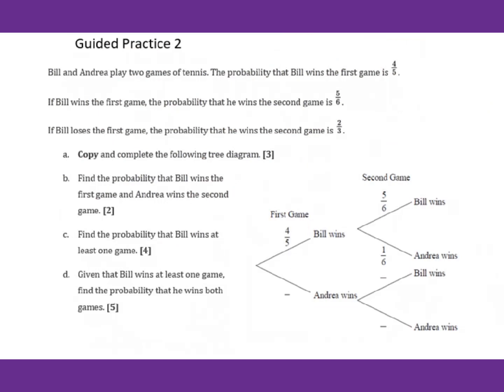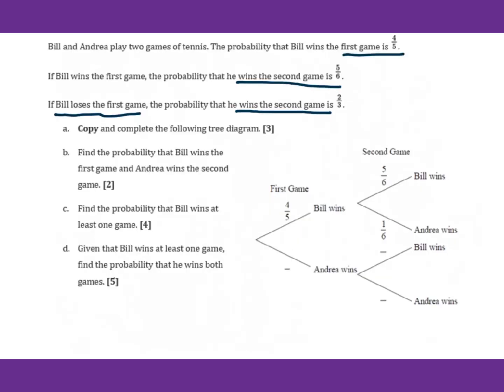Let's go to guided practice 2. Bill and Andrea play 2 games of tennis. The probability that Bill wins the first game is 4/5. If Bill wins the first game, the probability that he wins the second game is 5/6. If Bill loses the first game, the probability that he wins the second game is 2/3. Copy and complete the following tree diagram.